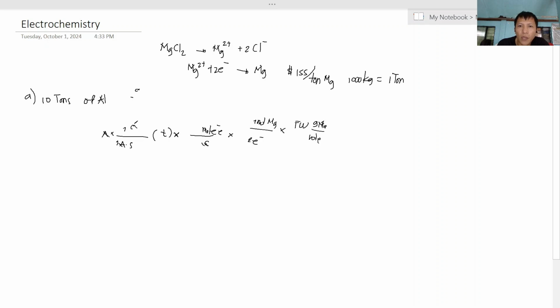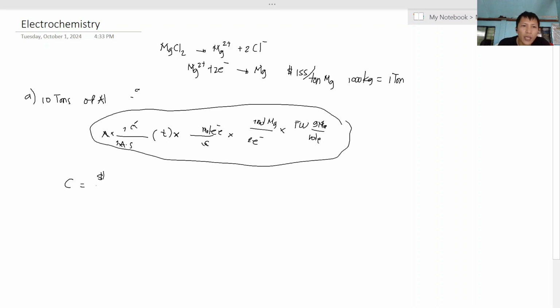If this is all in tons, the cost would be dollars per all of this, the bottom of the cost of having this $155 per ton of magnesium. So that is dollars per ton.